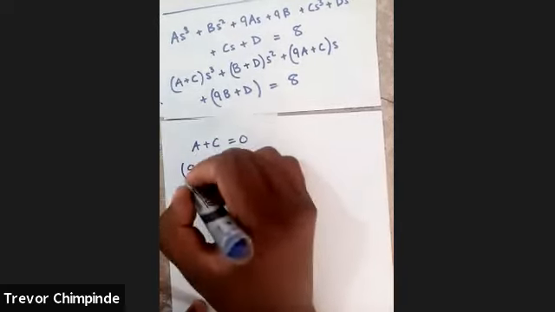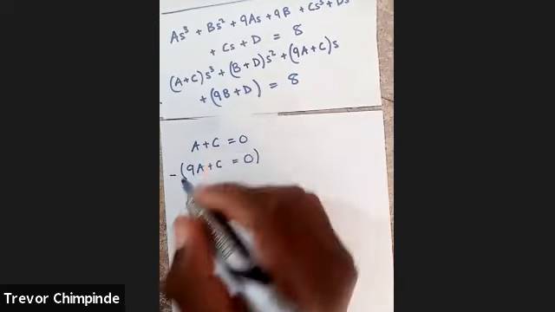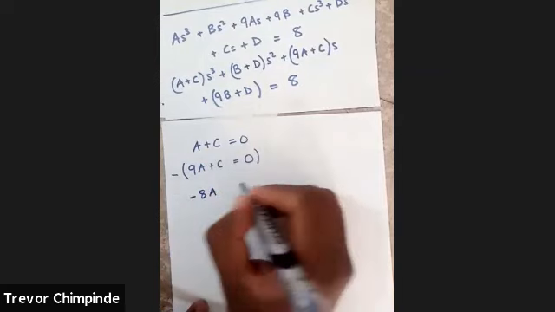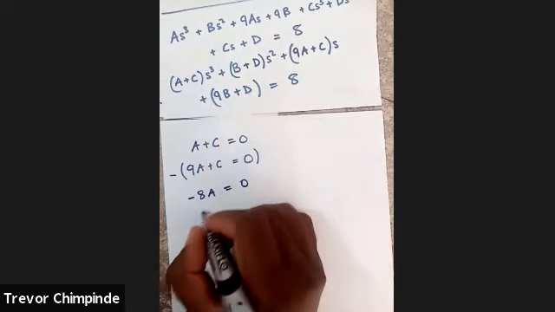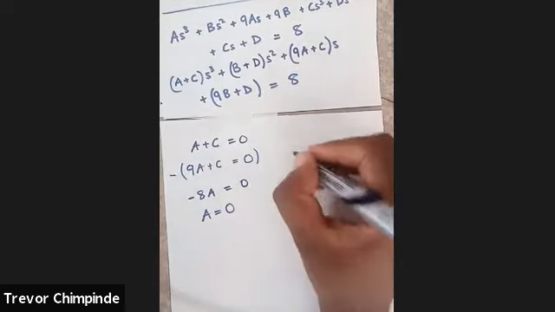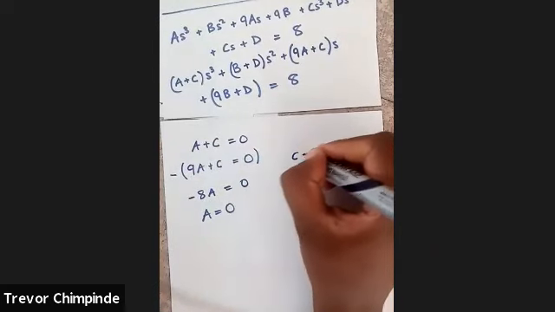We can subtract this equation so that we have a minus 9a, which gives us negative 8a plus 0 is equal to 0. So a is equal to 0. If a is equal to 0, then c is also equal to 0, right? Yes, because a plus c is equal to 0. So c is equal to 0.